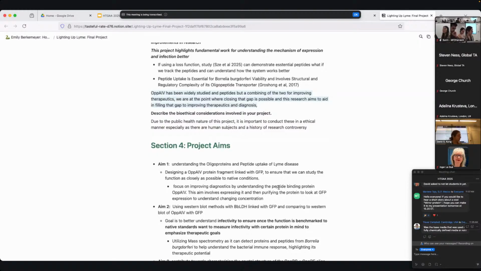Yeah, so the future of the diagnostic looks like it's focused within the 3 aims, as I'll define it. So it comes like in vivo expression of the fragment within E. coli, and then understanding from the protein that's linked with GFP, just being able to use instant gel electrophoresis to see what the fragment length is, and then comparing that to the peptide that a recent study found to be crucial for the Lyme disease spirochetes, also linking that to GFP and comparing the different protein fragment lengths.